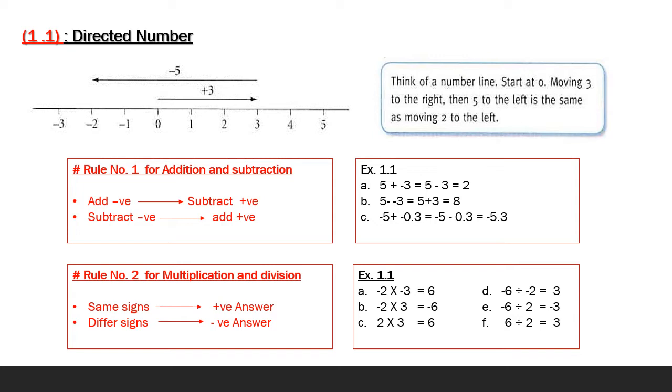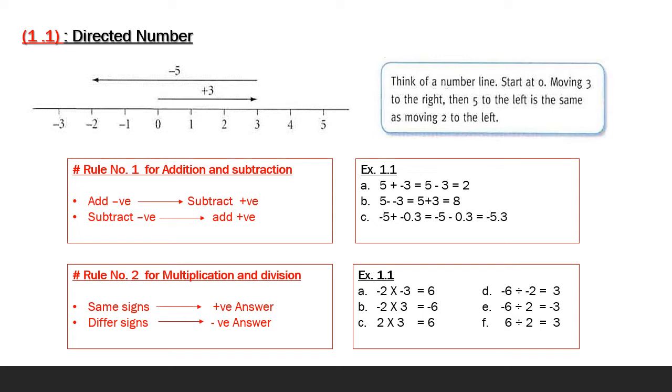Subtracting a negative means adding a positive. 5 minus minus 3 is equal to 5 plus 3, so the value will be 8. Example number 3: minus 5 plus minus 0.3 is equal to minus 5 minus 0.3, which is minus 5.3.